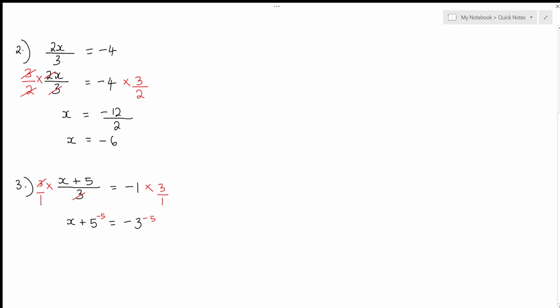So we are going to have x equal to negative 3 minus 5, and therefore x is equal to negative 8. And then you can go back and sub in negative 8 to see if you do actually end up with negative 1 when you substitute it in. And you can test it.